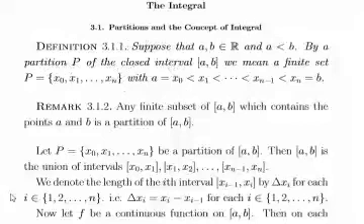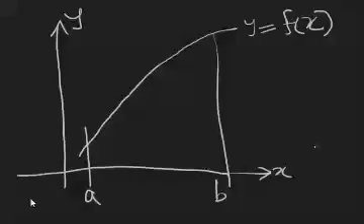Suppose we want to find the integral of f, the curve f, over this interval AB. That means we want to find the area under this curve and bounded by this interval AB.